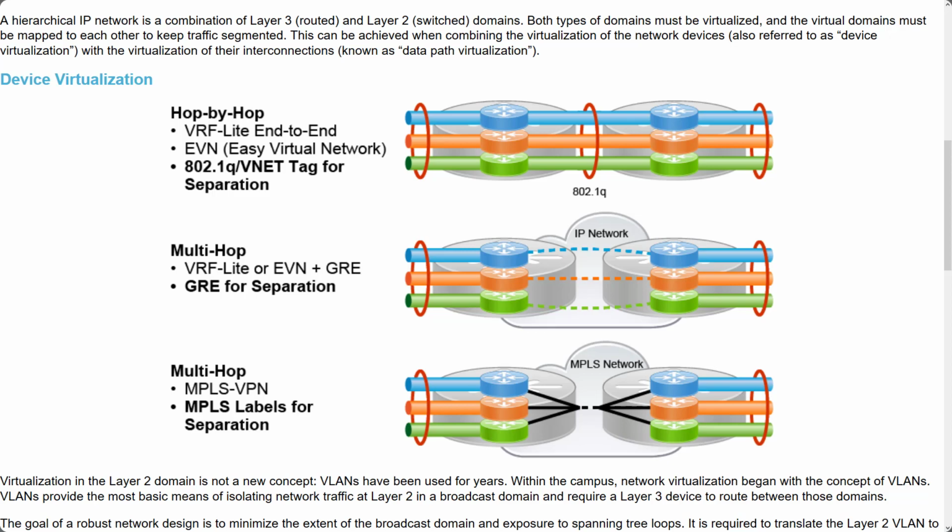In traditional networks, meaning networks that are not virtualized, high availability and scalability are basically achieved by using some sort of hierarchical and modular design based on that traditional core, distribution and access design.